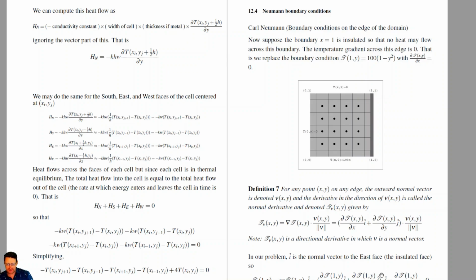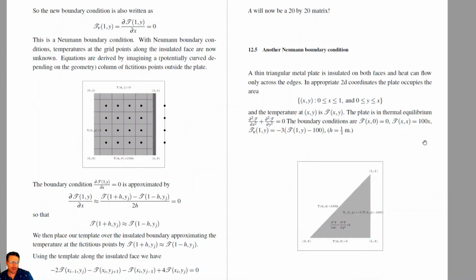Okay, and when we take that dot product, it's just the partial derivative of T with respect to x. So just this one right here. So that's equal to 0. Okay, so that's saying basically heat's not going through that right-hand face.